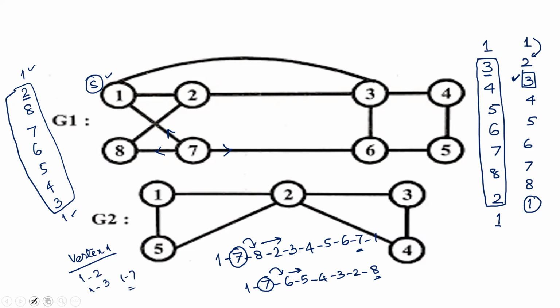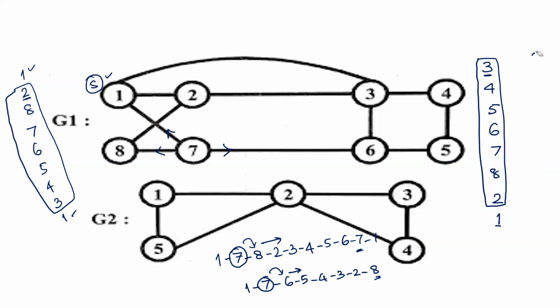The same idea can be applied to the next vertex, that is vertex 3. So one conclusion here is that vertex 1 has only 2 cycles. Let us try to check whether there can be 2 or more than 2 cycles from vertex 3. So if you write vertex 3, it is vertex 3 to vertex 4 to 5 to 6 to 7, then to 8, then to 2, and then to 1, and then to 3.